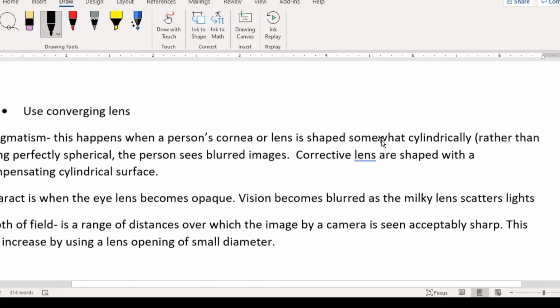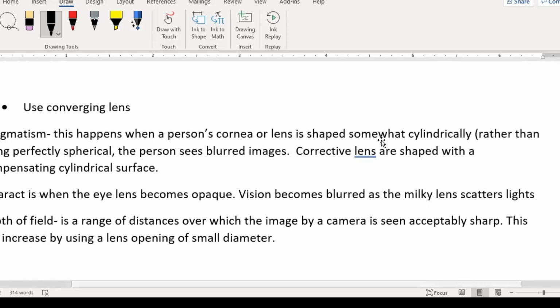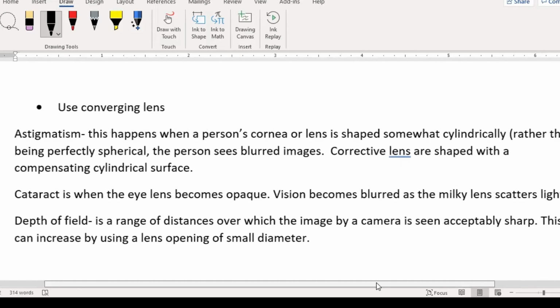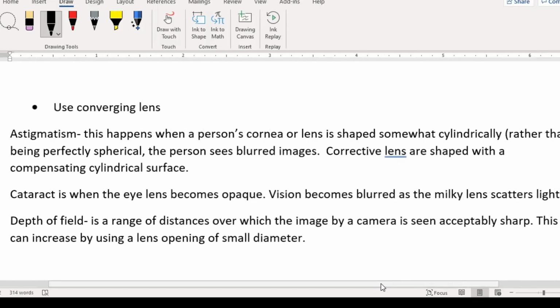In addition, they can ask you to talk about other eye conditions such as astigmatism. It says that this happens when a person's cornea or lens is shaped somewhat cylindrical rather than being perfectly spherical. So that allows the person to see blurry images.